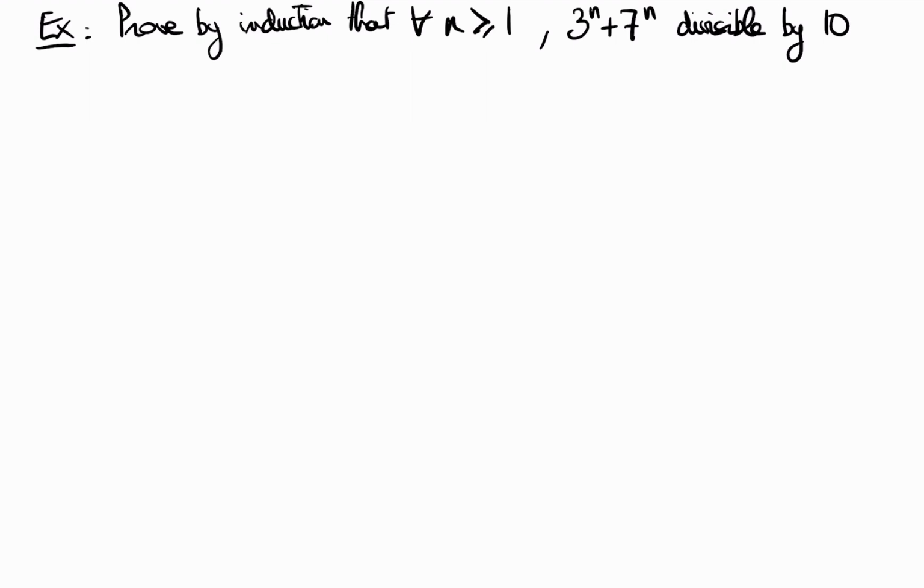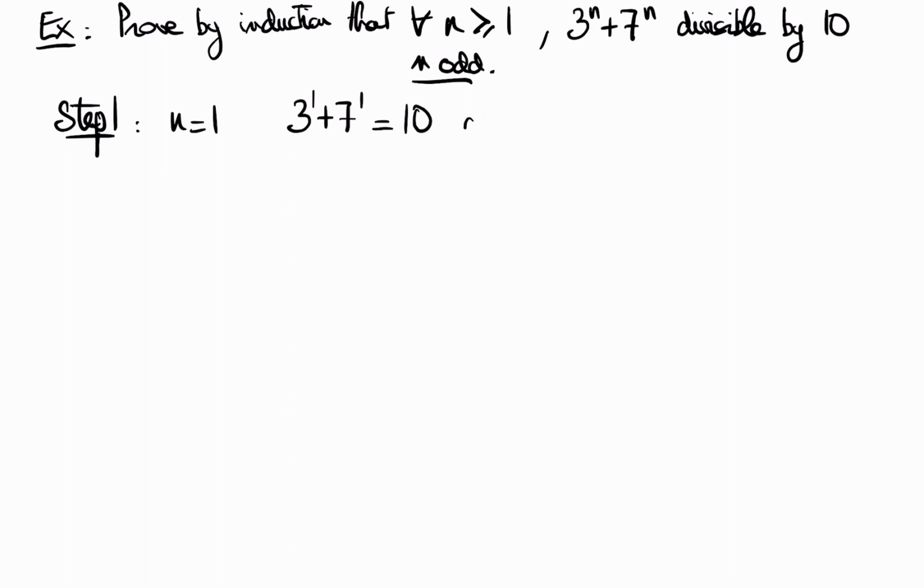Actually, for all n, n odd. Important. n odd. Right. So step 1. For n equal 1, so 3 power of 1 plus 7 power of 1 is equal to 10, which is divisible by 10 indeed.